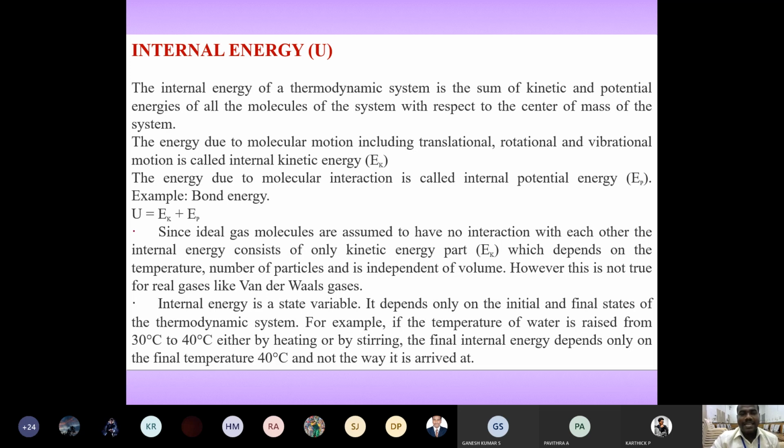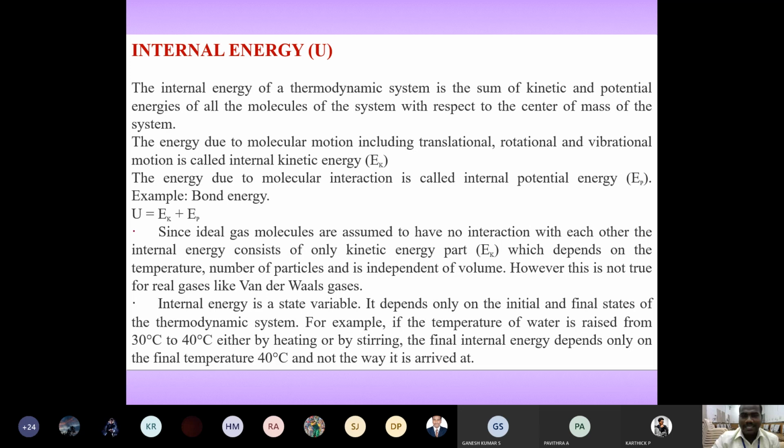So since ideal gas molecules are assumed to have no interaction with each other, the internal energy consists of only the kinetic energy part, right? For an ideal gas molecule. So ideal gas has its own molecules. These molecules are assumed to have no interaction with each other, right? So in an ideal gas, we are assuming there is no interaction with the molecules.